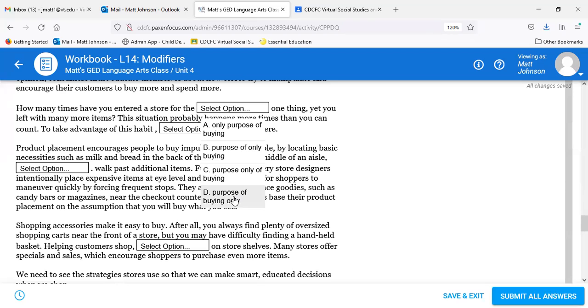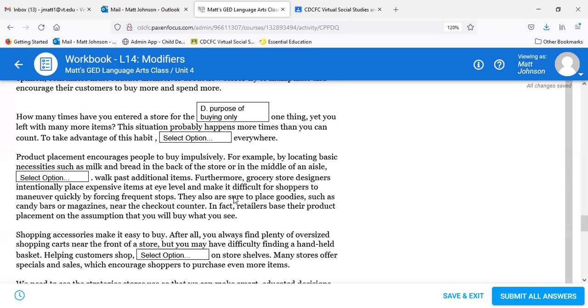Only is our modifier. We want to make sure that it's modifying that we're just buying one thing. So purpose of buying only one thing. Yet you left with many more items. This situation probably happens more times than you can count.